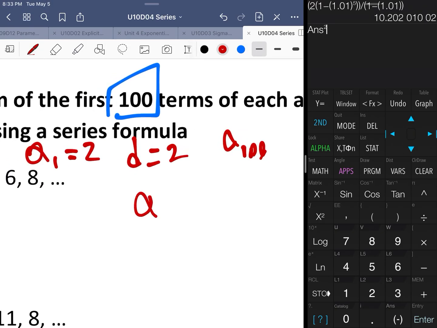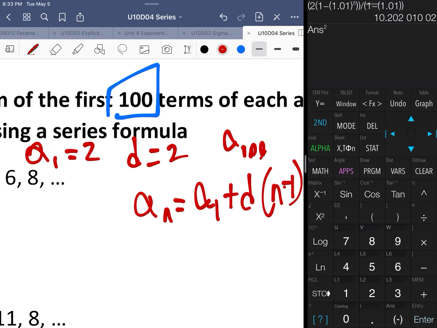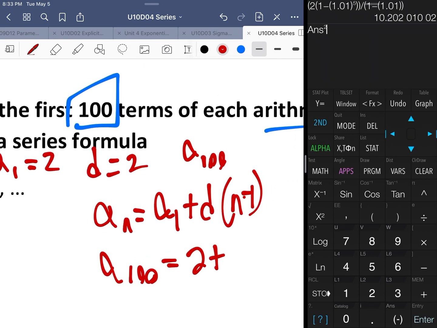So the standard form for an arithmetic sequence is A_n equals the first term plus the common difference times n minus 1, right? So if I wanted to find the last term, which in this case is the 100th term, A100 equals the first term, which is 2, plus the common difference, which is also 2 in this case, times n minus 1, which is 99.